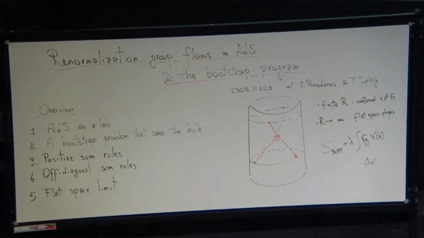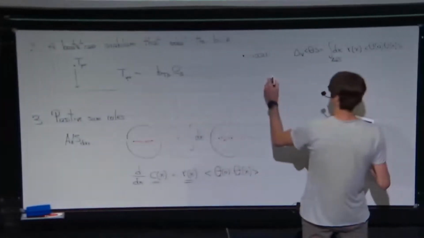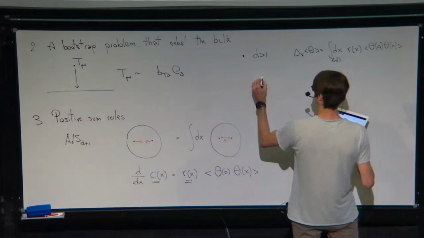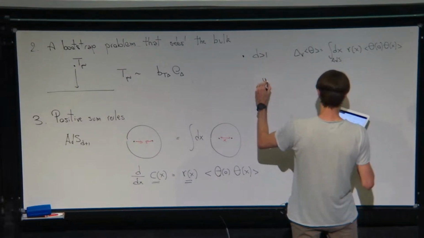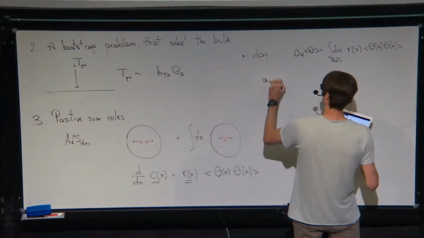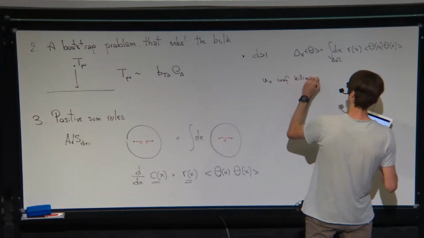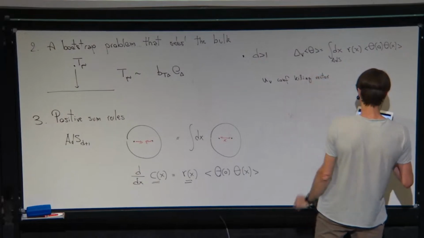The way you get this is by using some conformal Killing vector. Maybe I'll call it U, a conformal Killing vector, which is not an isometry.